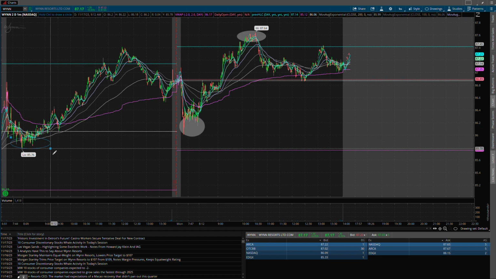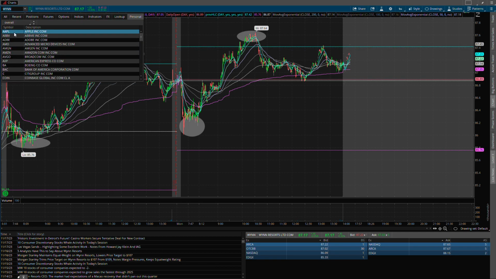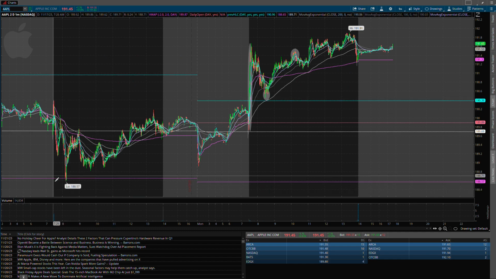essentially it's major trend reversals upon major trend reversals. So even if I look at Apple, we're looking at a major trend reversal here to enter, a major trend reversal here to exit, major trend reversals here, painting a double top right there.